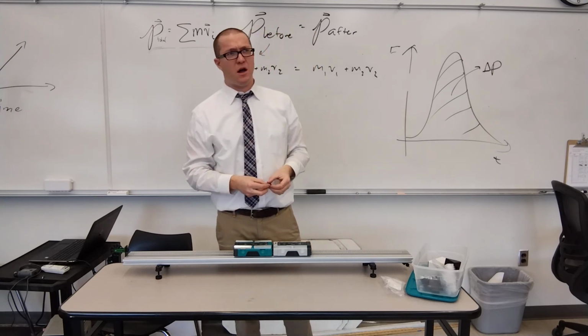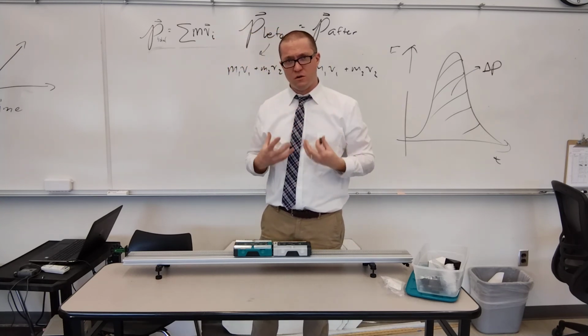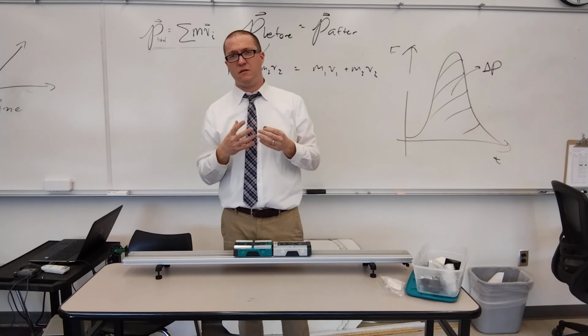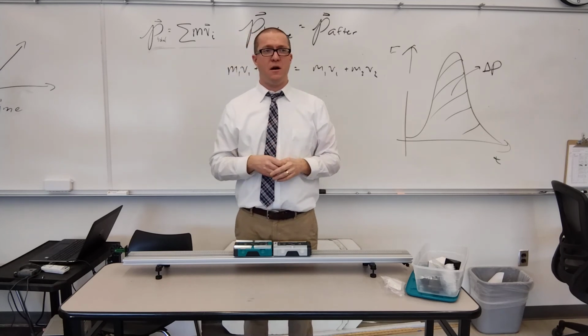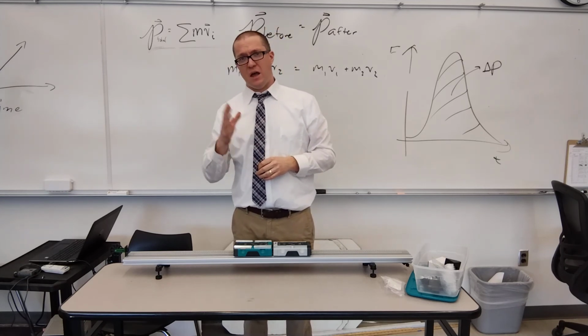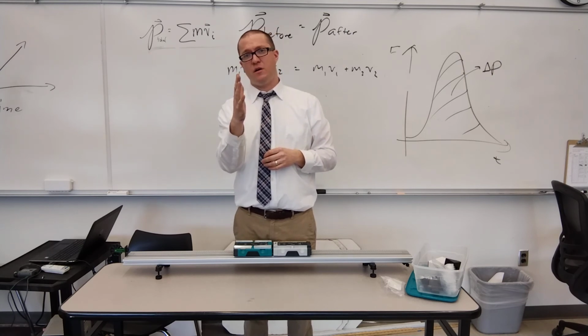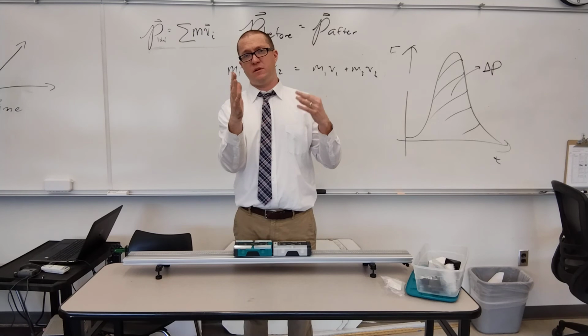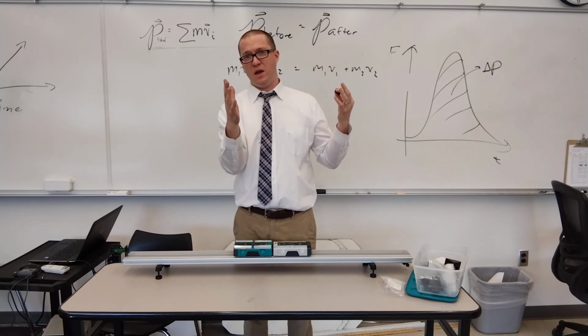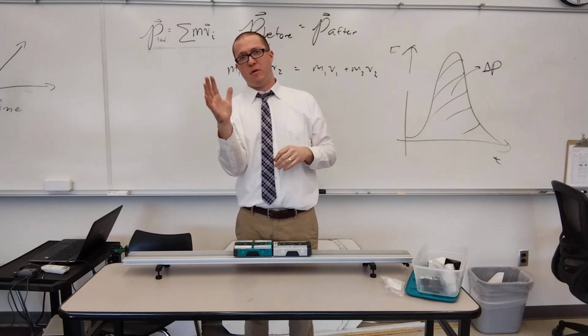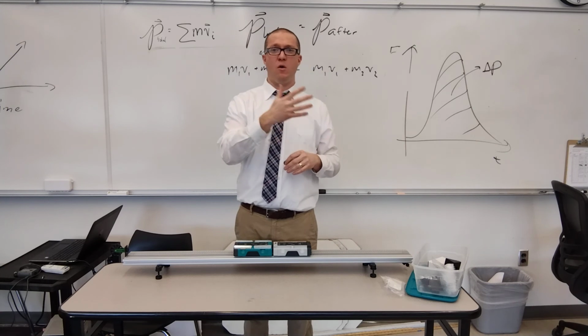MRI, same thing. You get your magnetic poles aligned in the hydrogen atoms in your body, and you hit them with a burst of radiation via radio waves, actually, and it causes that magnetic pole to move, and then go back.